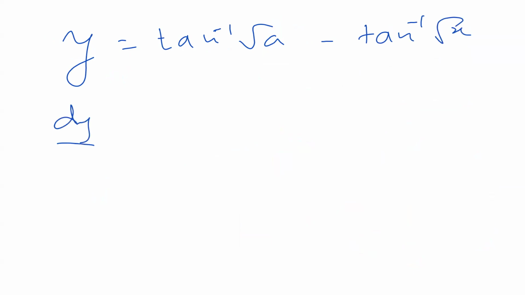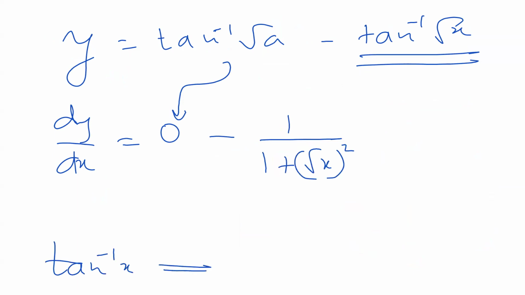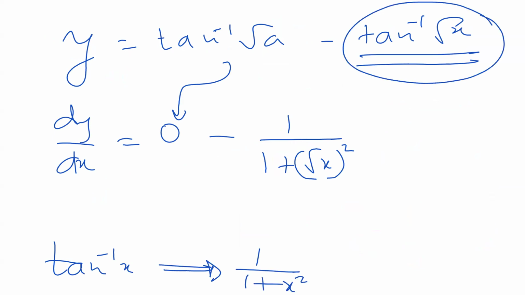Now derivate this. Tan inverse of a derivative will be 0 because there is no x in this particular term. It's a constant. Tan inverse of root x: 1 upon 1 plus root x the whole square. See, tan inverse x formula is what? 1 upon 1 plus x square. So tan inverse of root x formula will be 1 upon 1 plus root x the whole square into d/dx of root x.